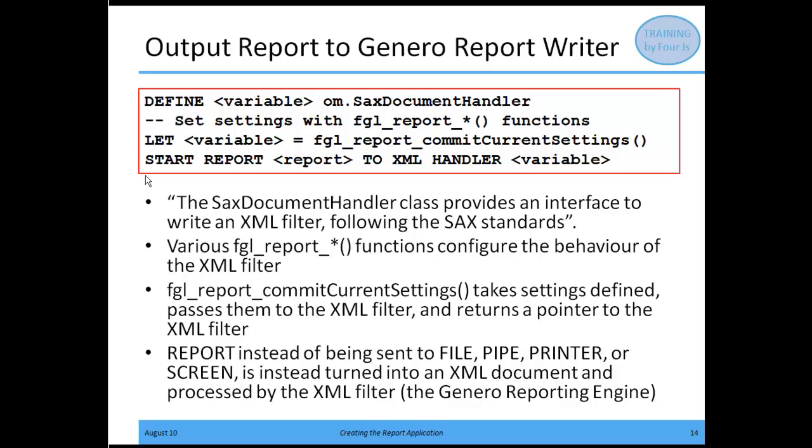But then the new one we're talking about now is the start report name, report block, to the XML handler and passing in our handler variable. So instead of the report being sent to a file, a pipe, a printer, or a screen, it is instead turned into an XML document and processed by an XML filter.